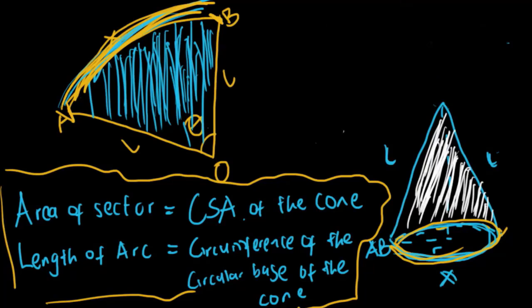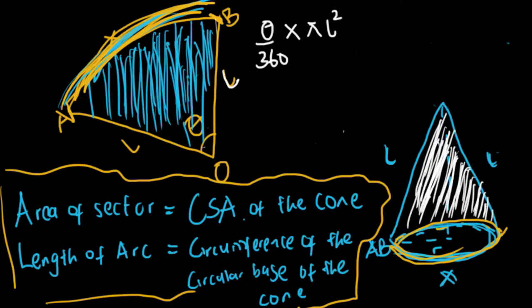So we have area of sector equals to curved surface area of the cone. Now if I ask you what is the formula for the area of this sector, remember the sector is just a fraction of the area of a circle. So I should be having theta over 360 times pi. Now instead of r, the radius is L here. So I'll be saying pi L squared. Does that make sense?